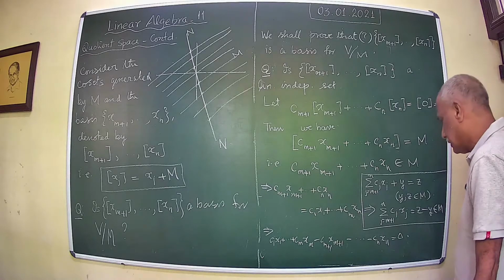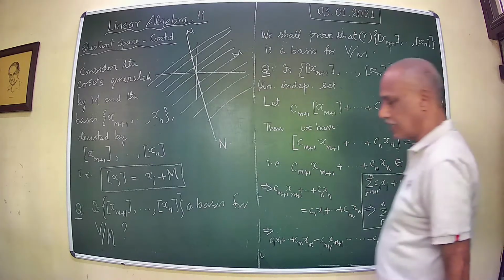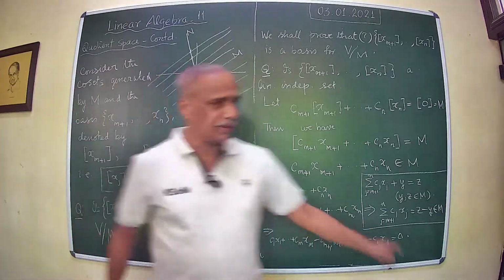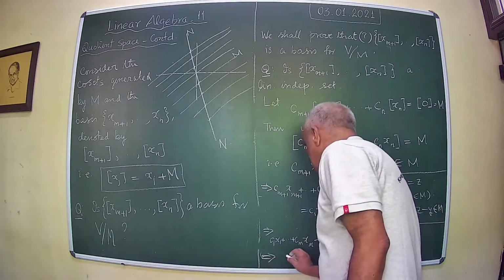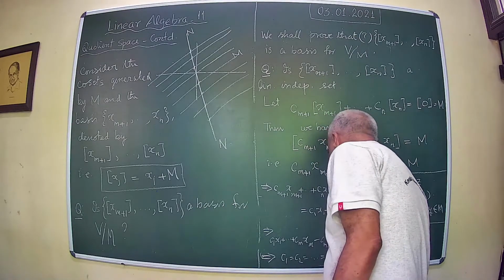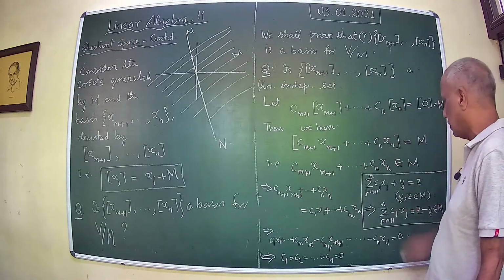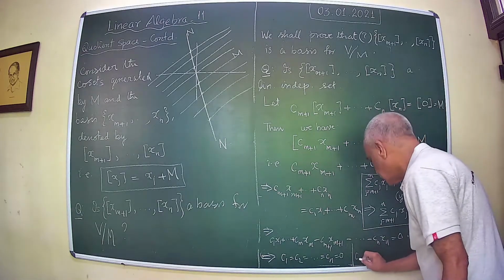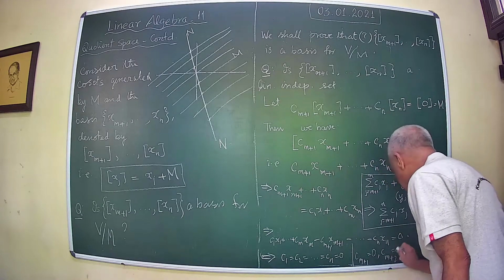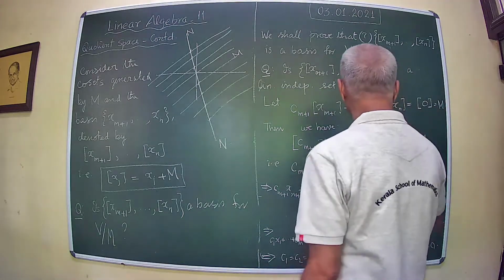This means that a linear combination of x_1, x_2, etc., x_n is 0, and x_1, x_2, etc., x_n forms a basis for V. Therefore, in particular c_{m+1} equal to 0, ..., c_n equal to 0. Therefore this is linearly independent.